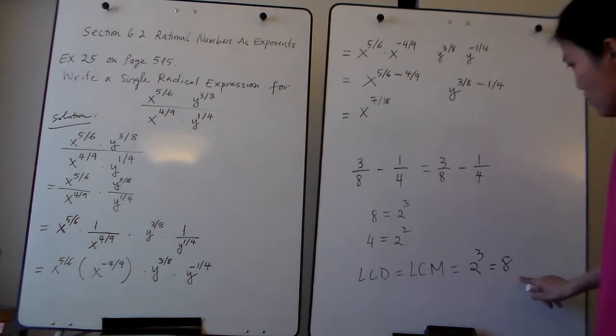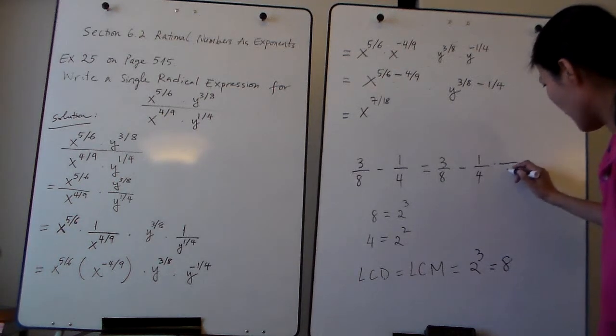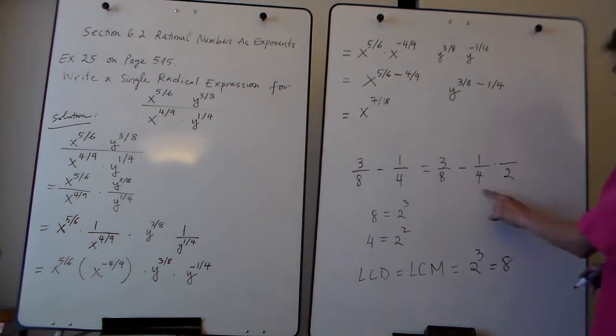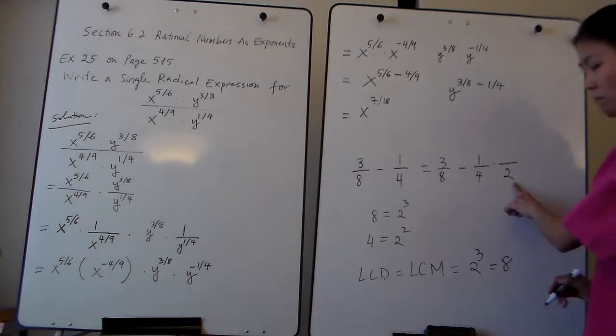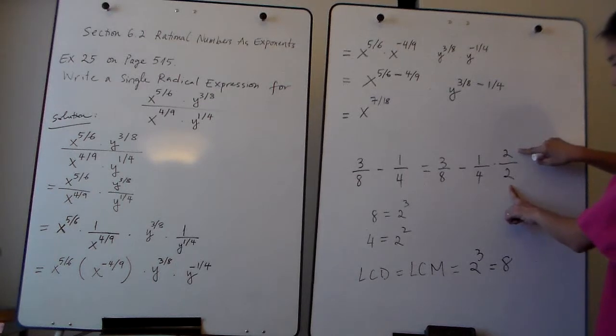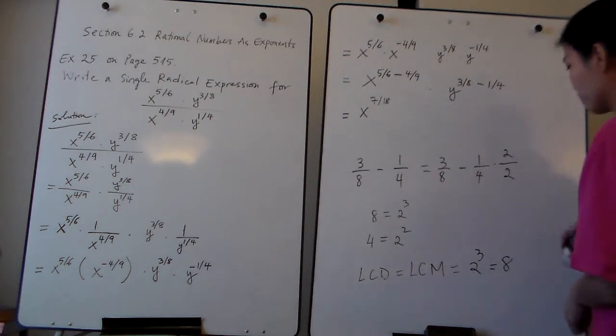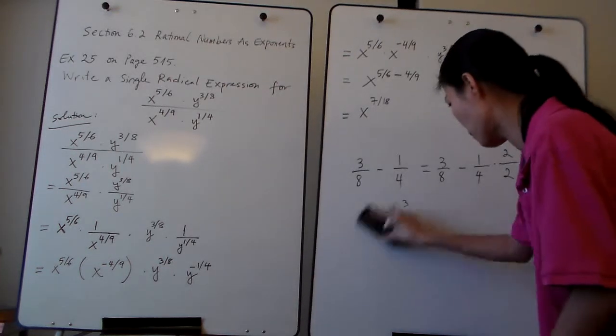So it's not 8 yet. I need to convert this 4 to 8. To do that, I multiply by 2 at the bottom because 4 times 2 is 8. If I do that, I also need to multiply by 2 on top so that I won't change this fraction 1 over 4.